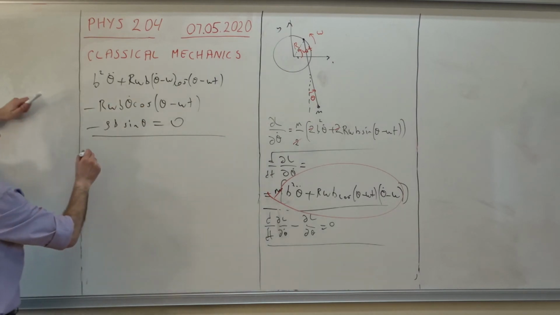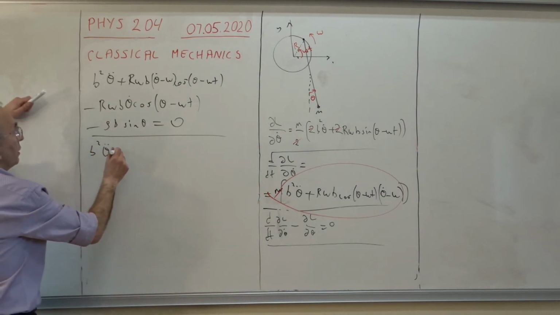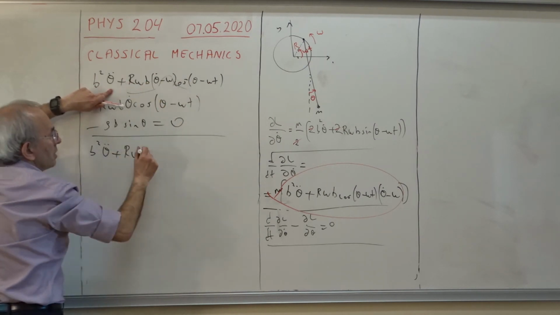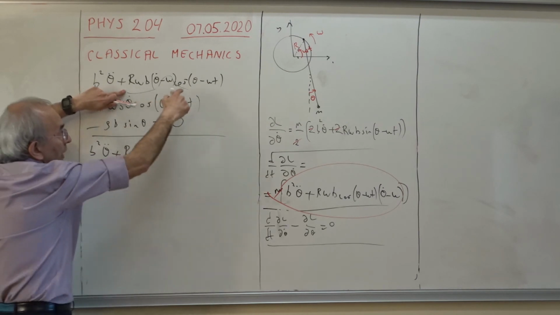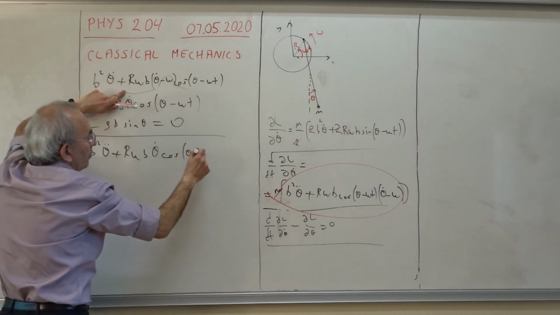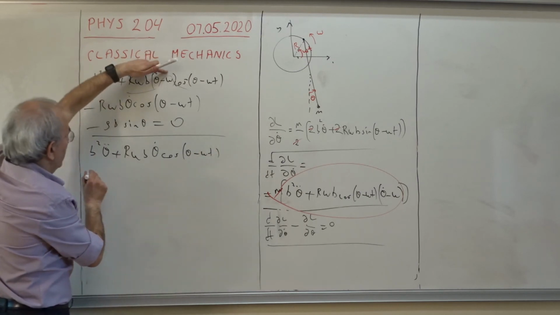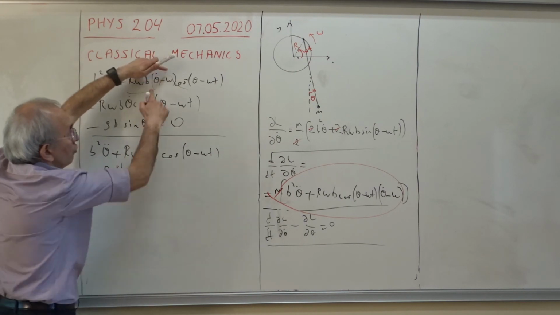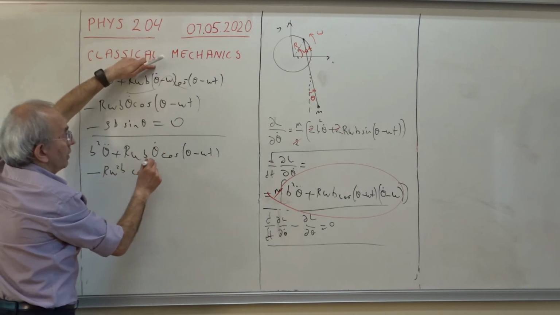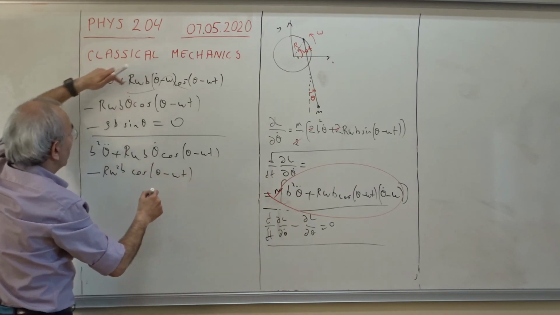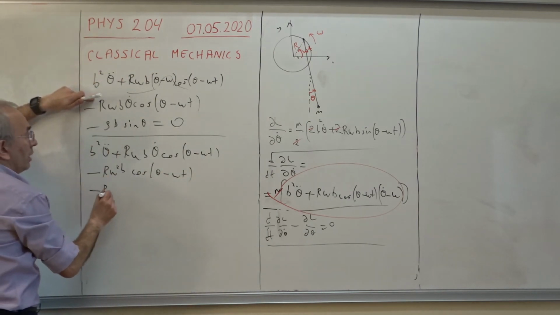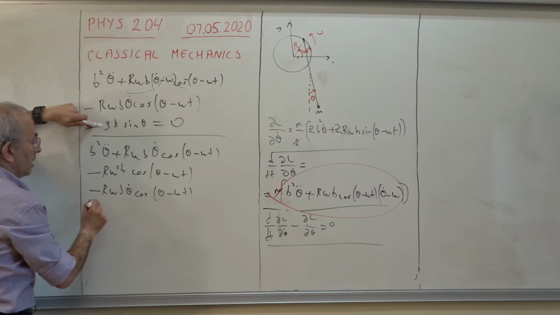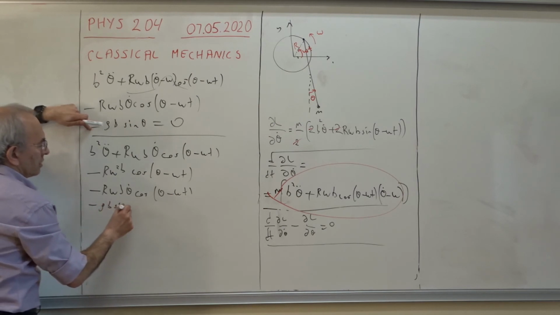So b squared theta double dot plus, if you open the first one, r omega b theta dot cosine theta minus omega t. Next, minus r omega b omega, another r omega b omega squared, negative, cosine theta minus omega t part, and then we continue. Minus r omega b theta dot cosine theta minus omega t, minus gb sine theta equals 0.